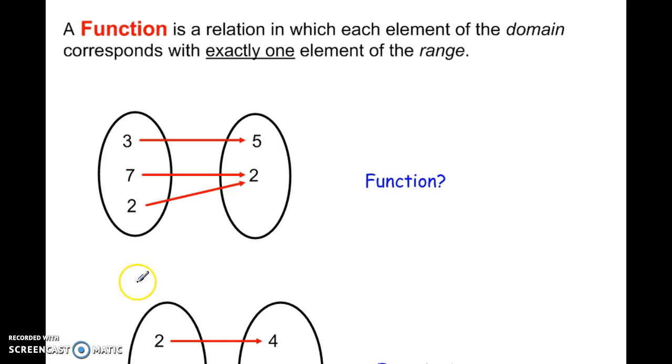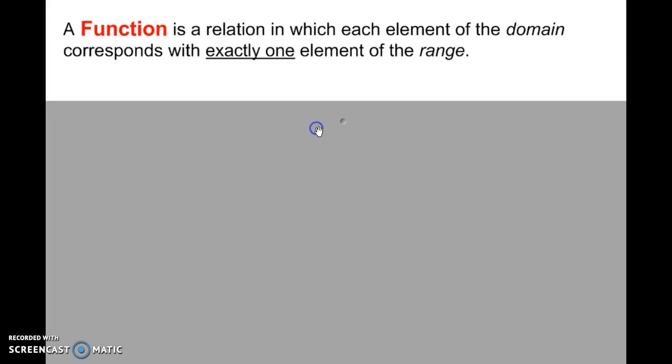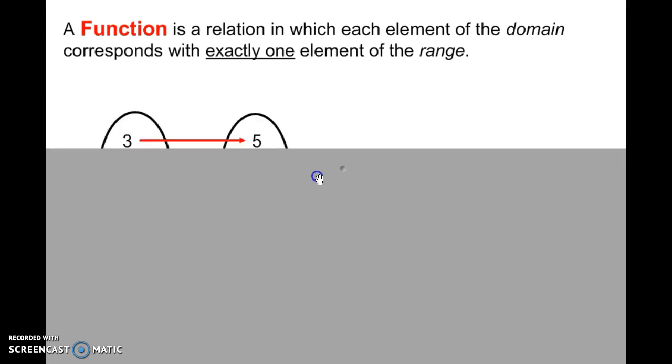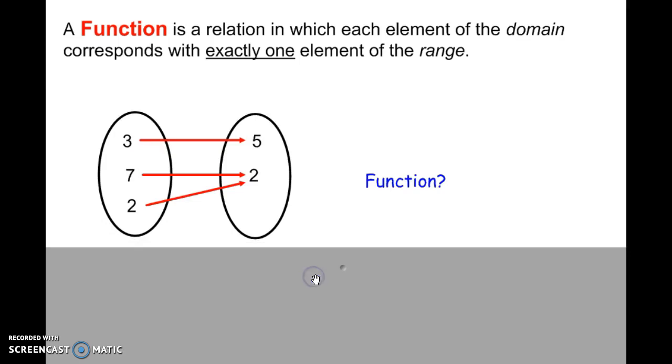So a function is a relation. Let's look at the definition of a function here. This is the official definition. It's a relation in which each element of the domain corresponds with exactly one element of the range. If you look at this one, these are our domain values and these are our range values.